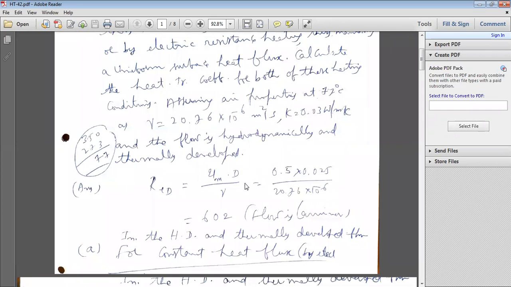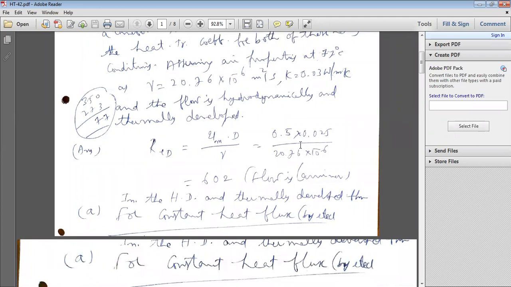If you substitute all the values and simplify, the Reynolds number comes to a value of 602.